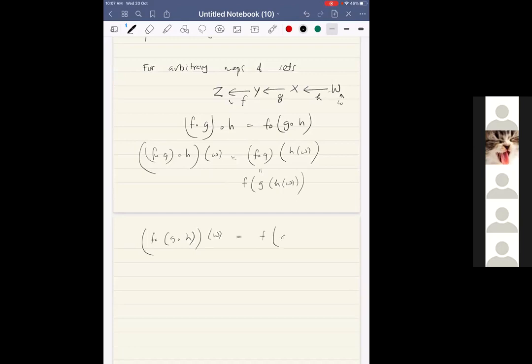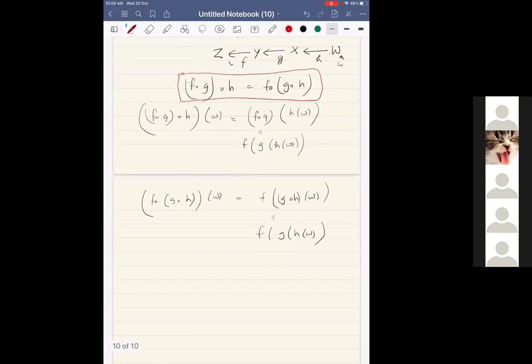So if I have three maps, I can compose the first two and then the third, or compose the second and third and then the first, and you get the same map. And this is true for arbitrary maps. In particular, this is true for linear maps.